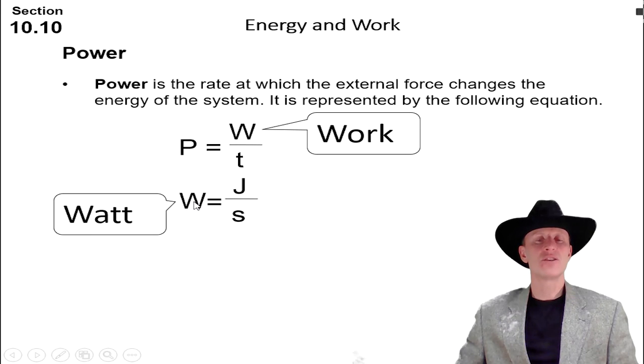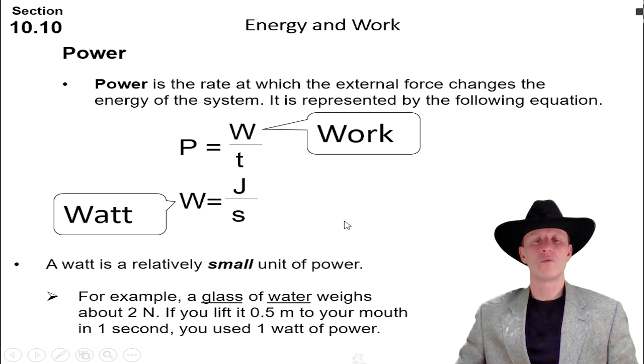So this W is a unit, and this is a symbol in an equation. This comes after a number, so you've got to keep your W's straight. But power is force times distance divided by time, which is a watt. And a watt is a relatively small unit of power. It's the amount of power needed to lift a glass of water to drink it.